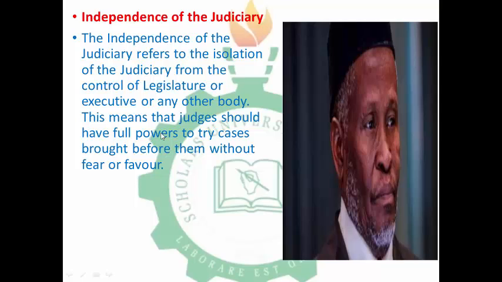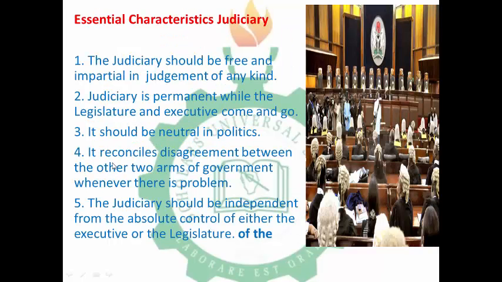Then the fourth one is that the judiciary reconciles disagreements between the other two arms of government whenever there is a problem. Wherever we have human beings in operation, disagreement or conflict is bound to happen. So between the executive and the legislature, it is sure that there will be disagreement one way or the other.